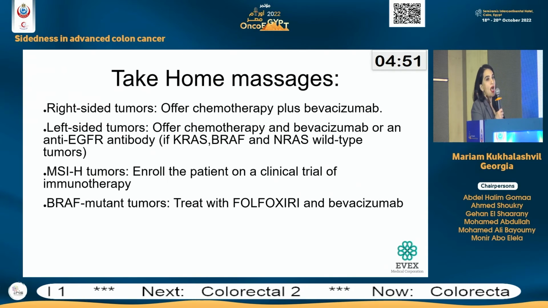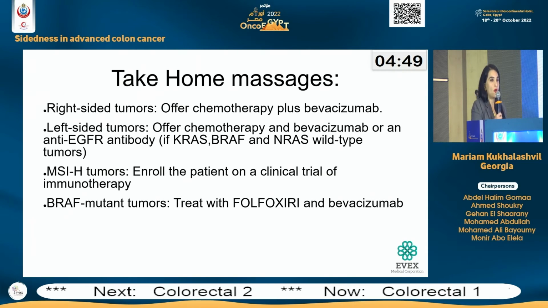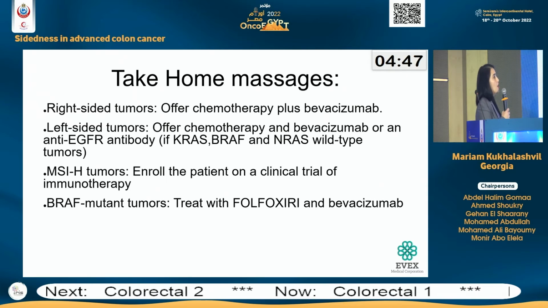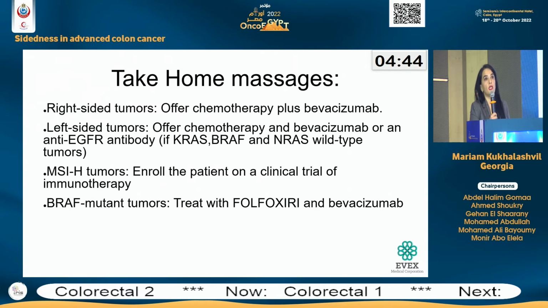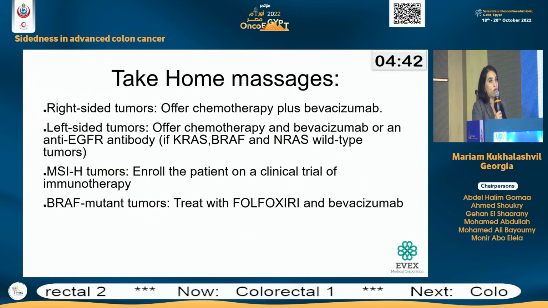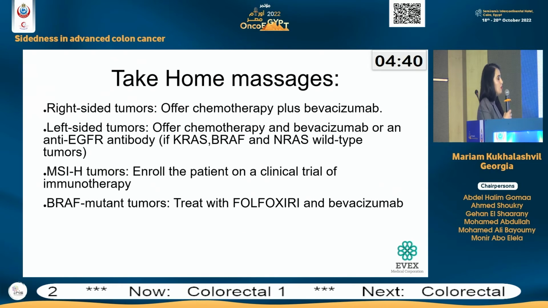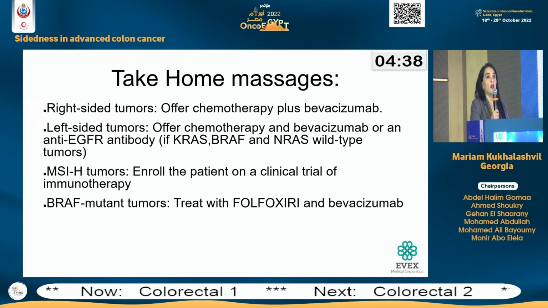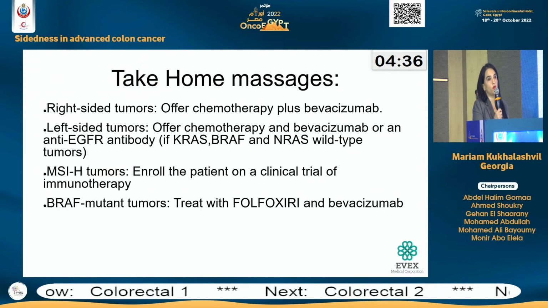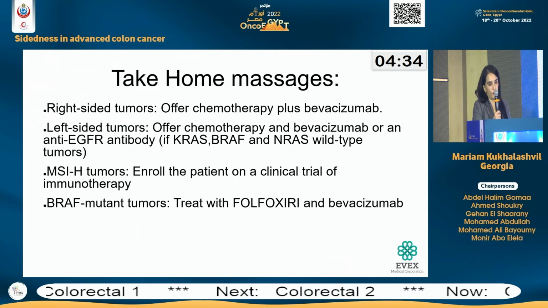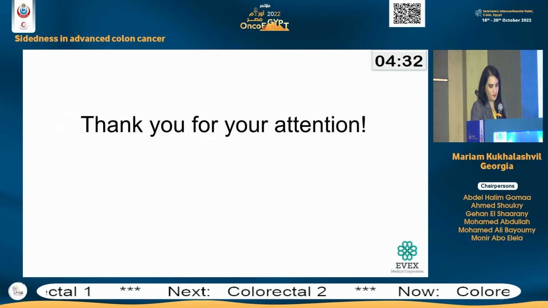And MSI-high tumor, mostly right-sided, BRAF mutated, should be enrolled in clinical trials and recommended immunotherapy. And for BRAF mutated tumors, it's preferred to recommend triplet chemotherapy. Thank you so much.